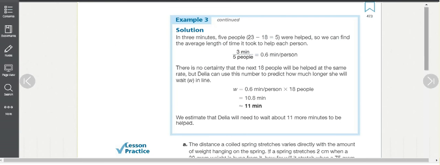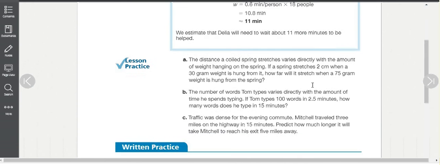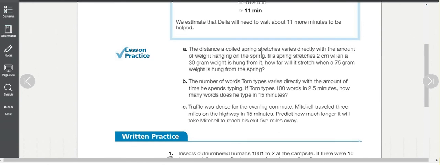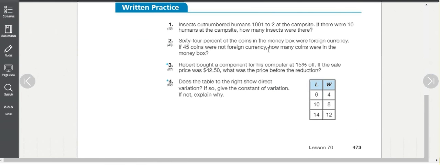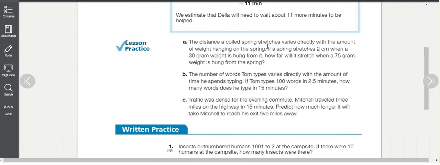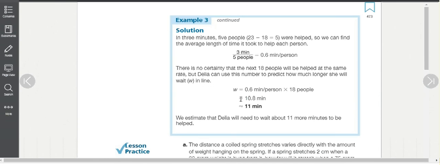So sort of a direct variation problem. Just keep that one in your back pocket. If they have any problems like that, you can use exercise 3 on page 473. So sort of like in example 3 where for every 3 minutes they have 5 people.